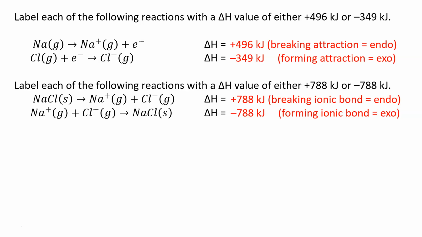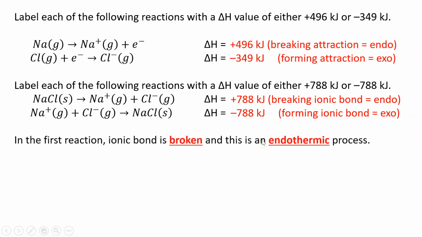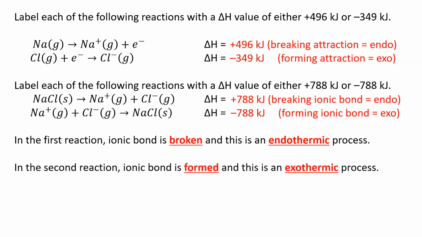Breaking a bond is endothermic and forming a bond is exothermic. So that's why we select a positive delta H for sodium chloride breaking apart into ions, and a negative delta H for the ions coming together to form sodium chloride. In the first reaction, the ionic bond is broken, and that's an endothermic process. In the second reaction, an ionic bond is formed. This is an exothermic process.